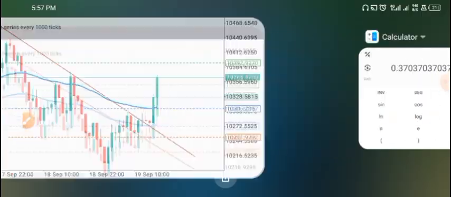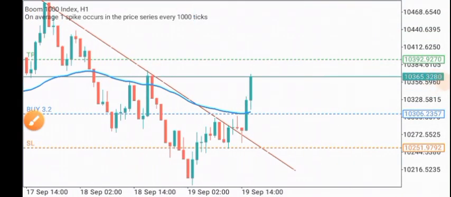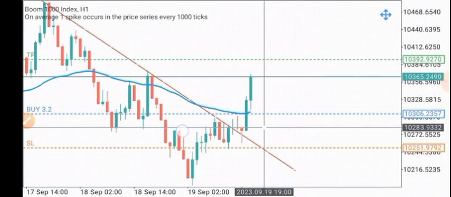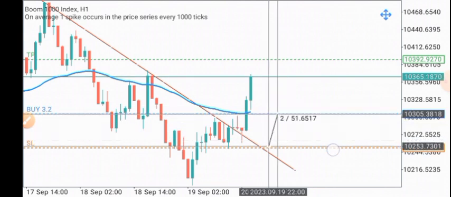Now, how do you calculate your risk to reward ratio? That is what I'm going to show you. It is very simple. Drag your crochet and place it at your entry point. Move it here.